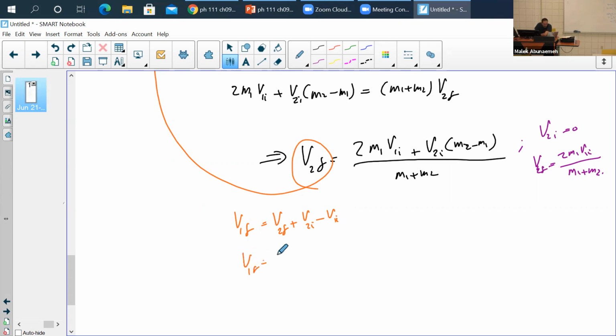That means your V1 final is going to equal 2M1 V1I plus V2I times (M2 minus M1), divided by your M1 plus M2, plus, that's for your V2F, V2I minus V1I initial.